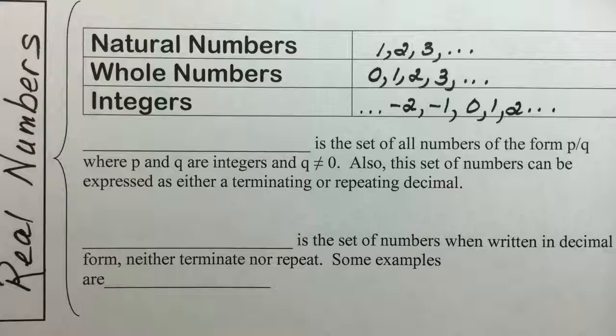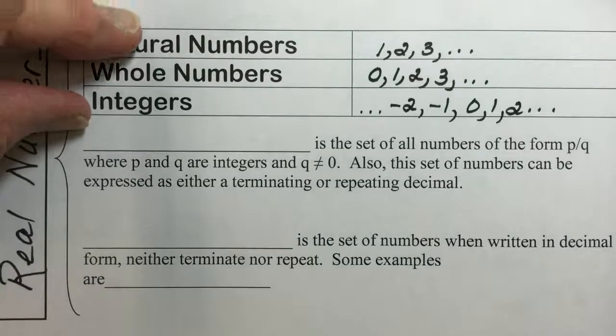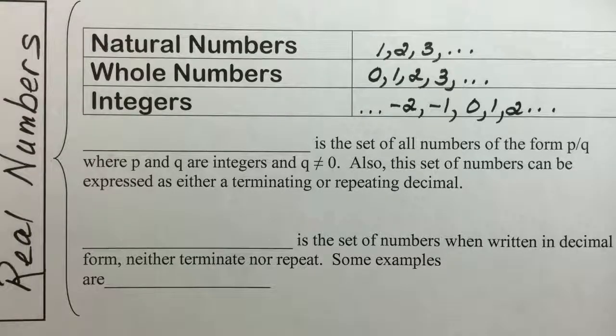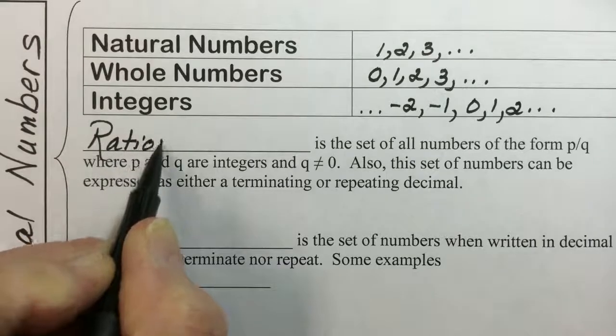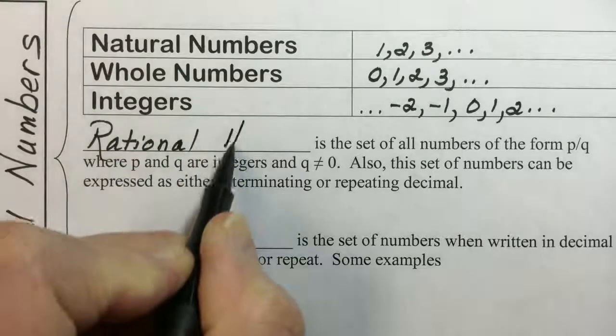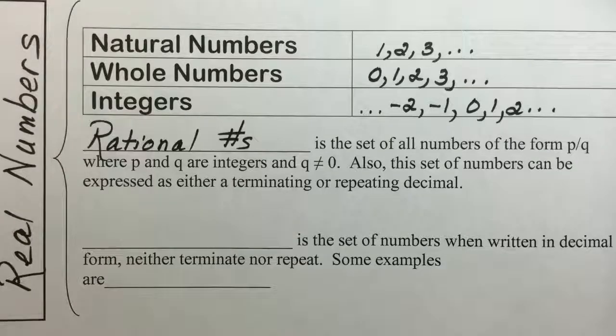Next, as we get a little more sophisticated, we have another set of numbers which incorporates these first three sets, known as rational numbers. Rational numbers is the set of all numbers of the form P over Q, in other words, expressed as a fraction, where P and Q are integers and Q is not equal to 0.